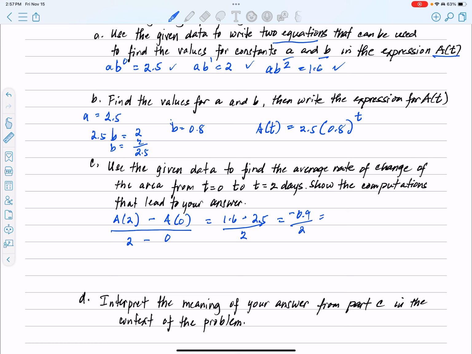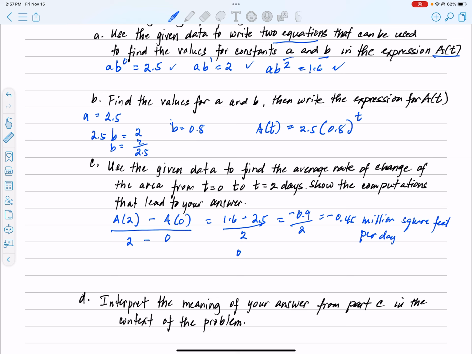We come up with negative 0.45 million square feet per day. Or we could say, what is 0.45 million?